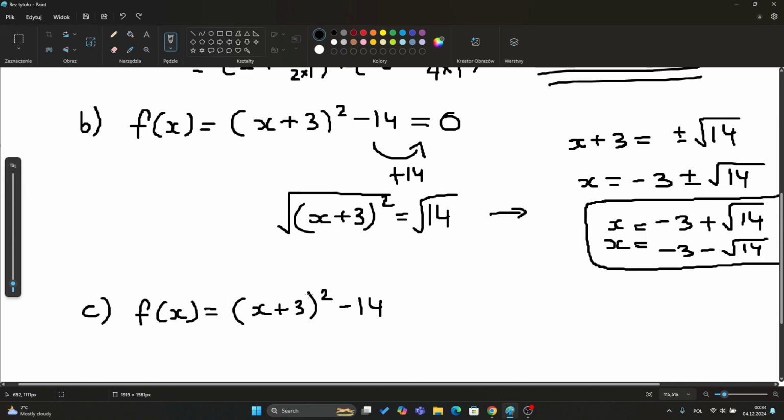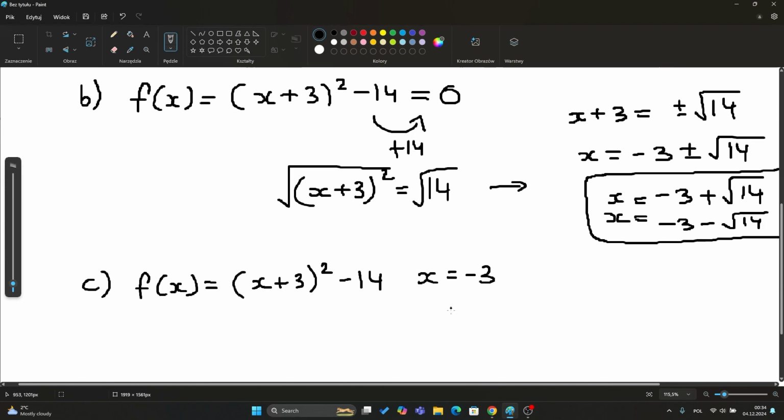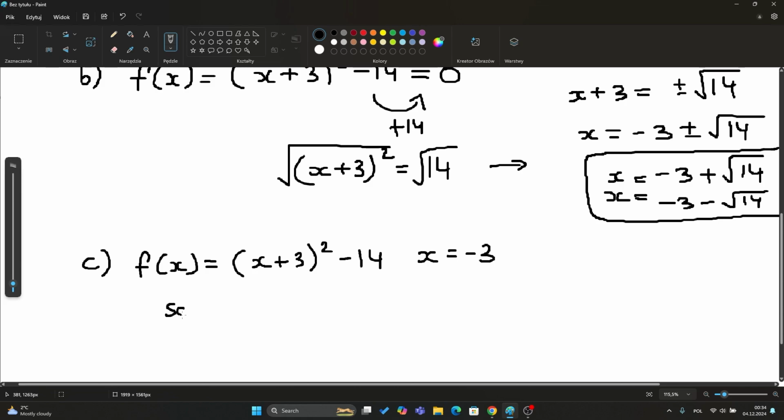So to make that thing equal to 0 is to make x equal to minus 3. So when x is equal to minus 3, f of x is equal to minus 14.